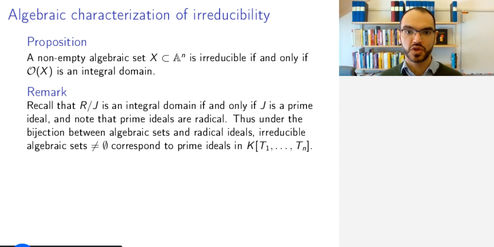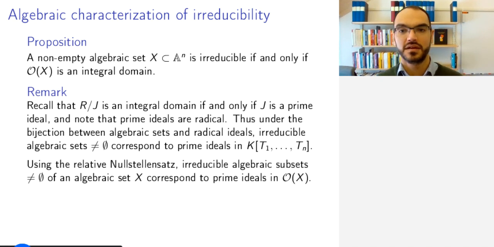And now from this proposition, we know that irreducible sets correspond to prime ideals in this ring. And you can relativize this. So instead of looking at algebraic sets in A^n, you fix some algebraic set to start with, and there, in the same fashion, it will follow that irreducible algebraic subsets of X that are not empty correspond to prime ideals in the coordinate ring of X.